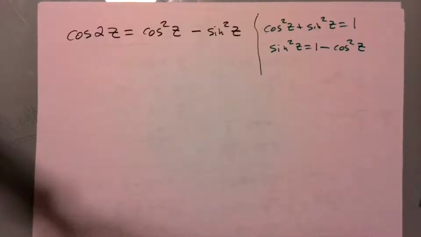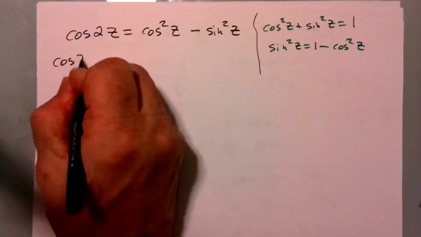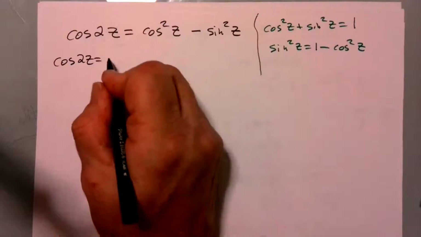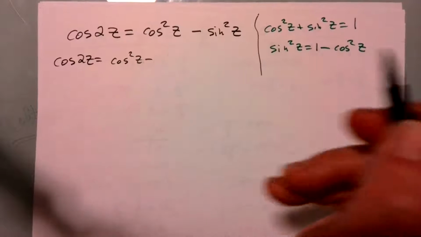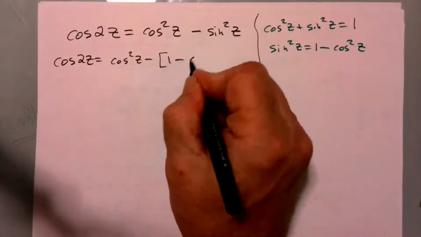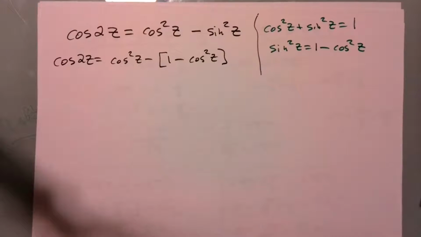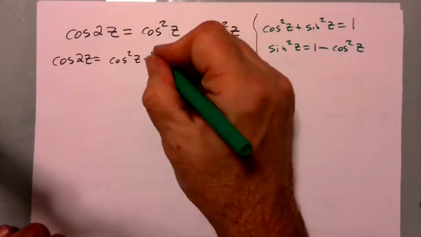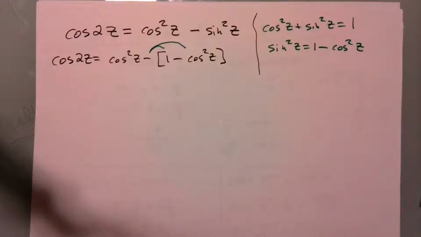So I'm going to replace sine squared z with 1 minus cos squared z. So my next move is to say cosine of 2z is cos squared z minus 1 minus cos squared z. Be careful with your signs. Make sure you distribute that negative sign. This becomes -1. That becomes negative, negative, that becomes positive cos squared z.